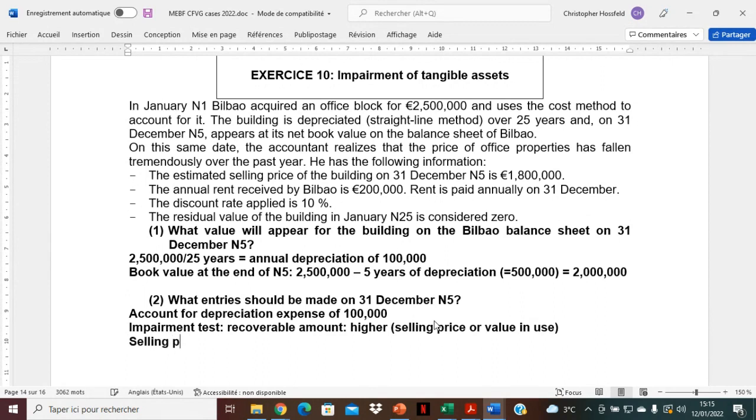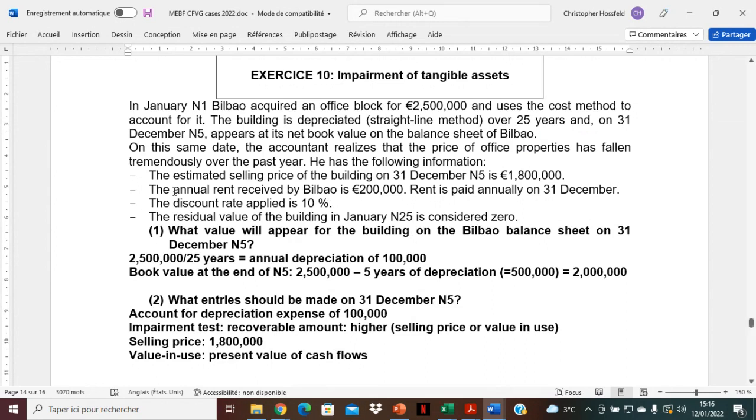Okay, well, the selling price is already indicated here, 1.8 million. Therefore, I need now value in use. Okay, and how do I calculate the value in use? Well, it's the present value of cash flows.